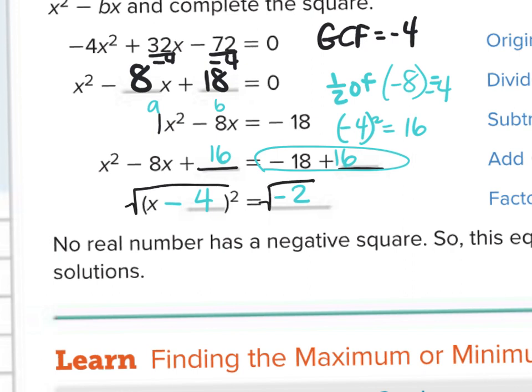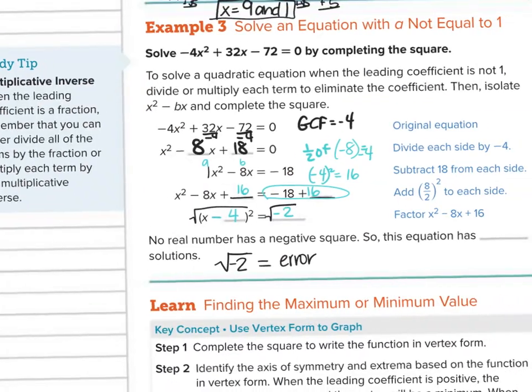But I need you to grab your calculator and type in this side. So I'm going to type the square root of -2. You should get where it says error. That is because the square root of a negative number is not really something we can do right now. It's going to be an imaginary number, and we're not getting into that this year.